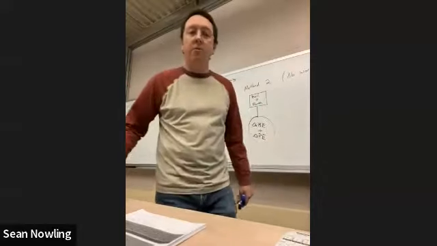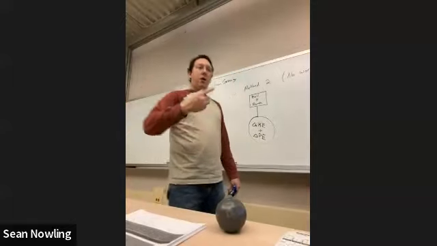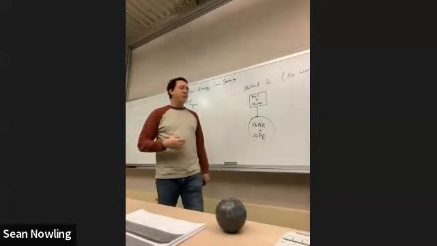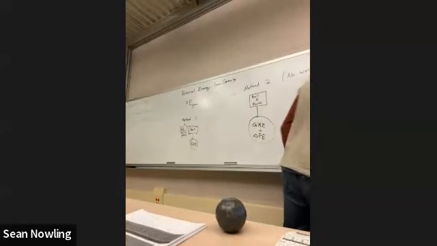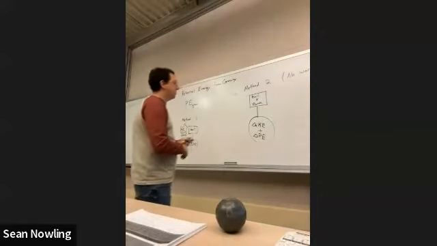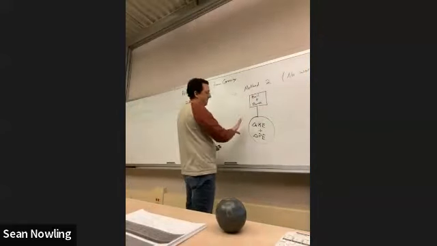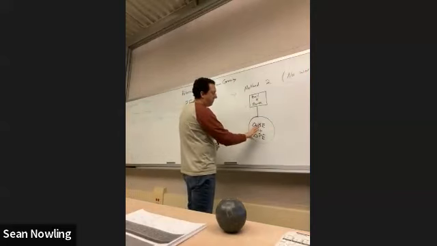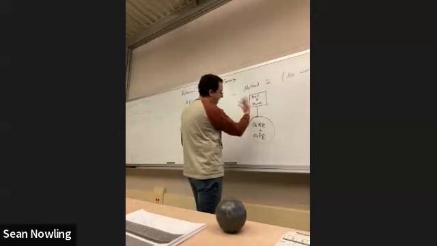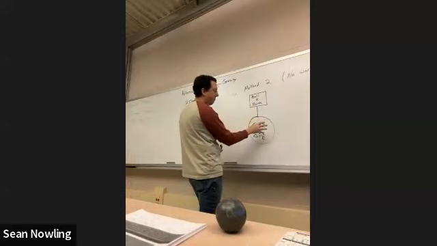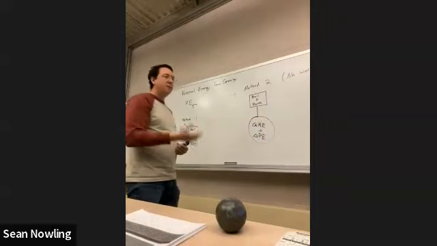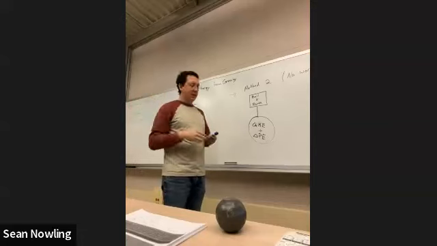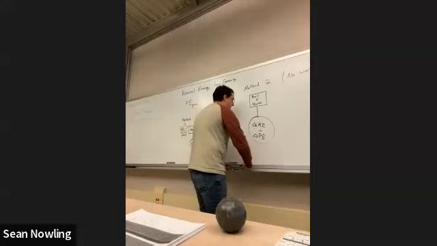So forces which don't give the energy back are called non-conservative. For conservative forces, put that interaction in the system. That will make your life better. Friction has to be on the outside. All right.